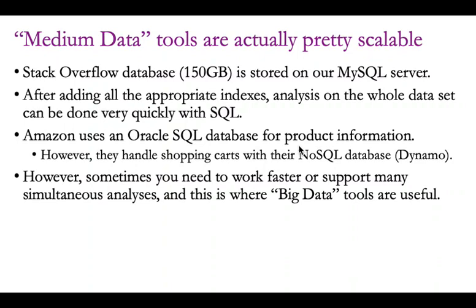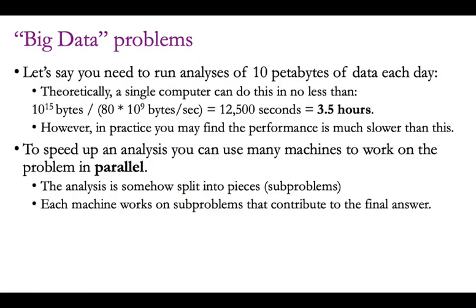And the shopping carts are modified a lot, whereas the products themselves are mostly just read, not written. So SQL databases are pretty scalable. And there are some cases when you need to work faster and support more simultaneous analyses, and that's where big data tools are useful. But I think you should make a lot of use of the SQL tools you've learned in this class before jumping to other stuff. Okay.